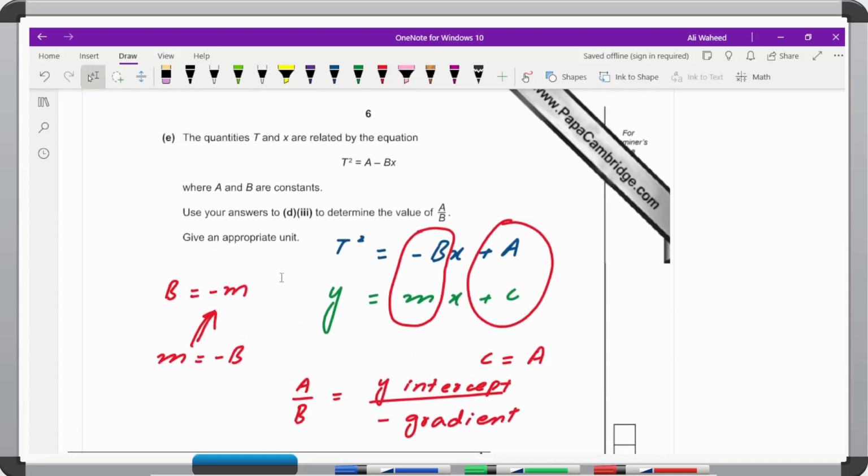Now the last part is to give the appropriate unit. So the unit has to be the unit of a divided by the unit of b. The unit of a over b would be the unit of a divided by the unit of b. And how do you find that? What is going to be the unit of b? What is going to be the unit of a? Now, what does the a represent? a represents y-intercept. So whatever the unit of y-axis was, whatever the quantity was placed on y-axis, whatever the unit of that quantity was, the same would be the unit of y-intercept.